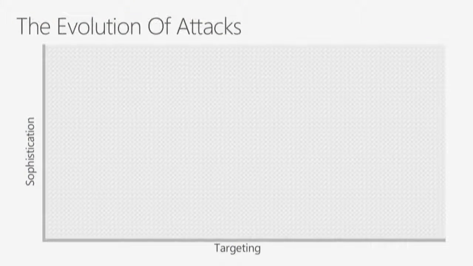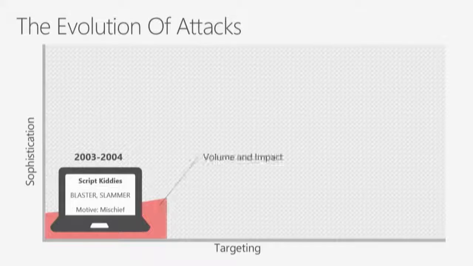If we look at the evolution of attacks, it started off with people doing mischievous stuff. So how many people remember the Slammer and Blaster days? There's a few people that remember it. It was more around mischief. It was, I can get a script off the internet and I can just run it and it's going to flood the network and cause all kinds of problems with services and stuff like that.